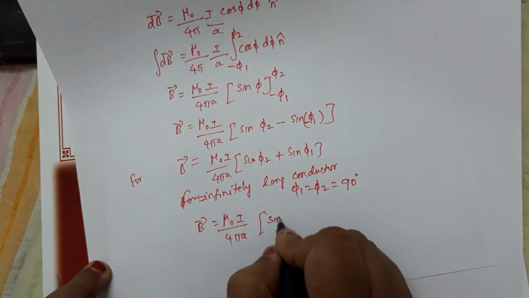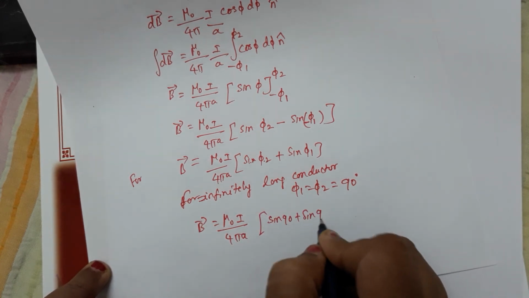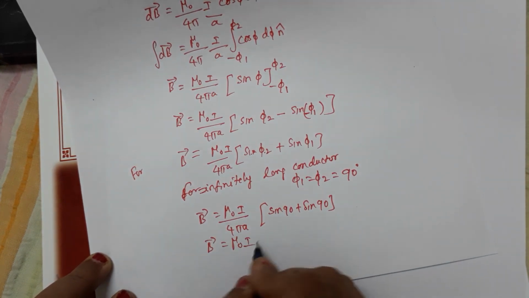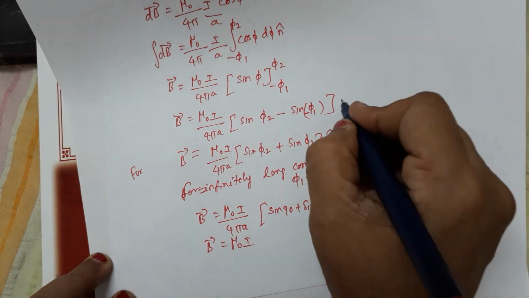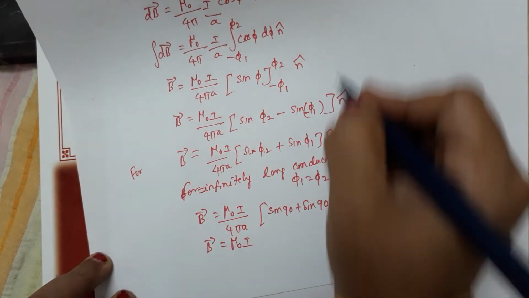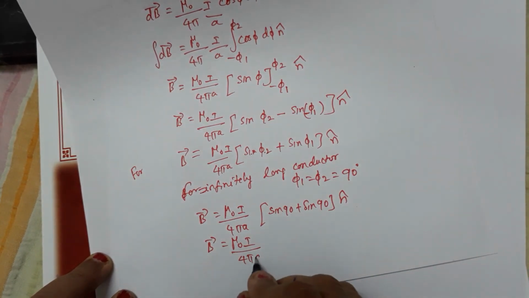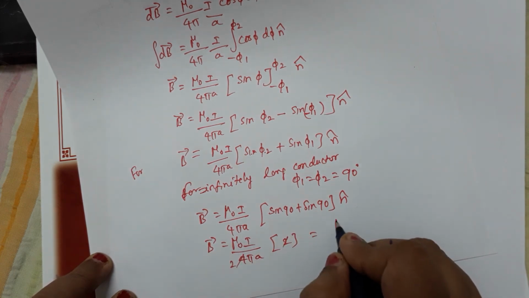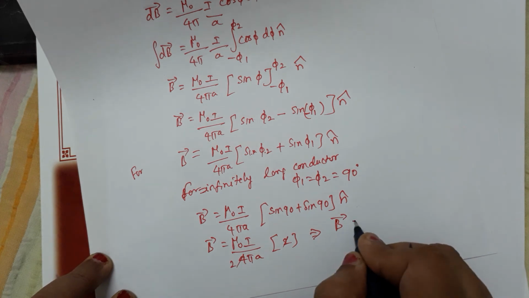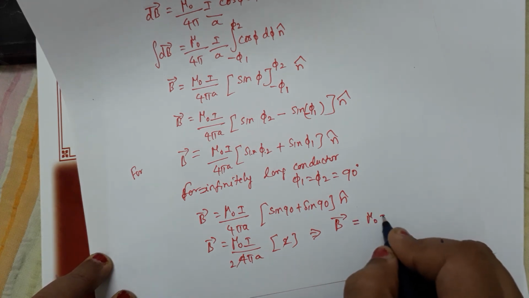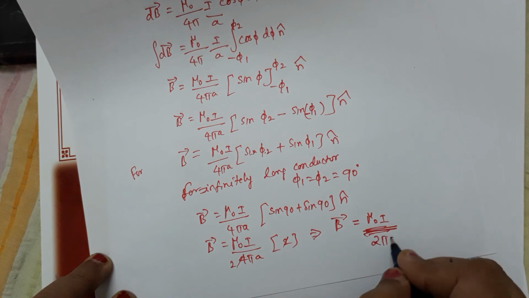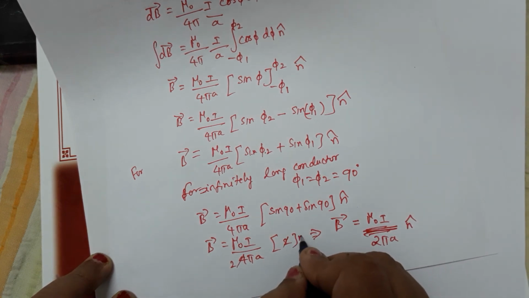Sin 90 plus sin 90 is 1 plus 1, that is 2. So B is equal to mu naught I by 4 pi a into 2, with n cap everywhere. If you cancel these, you can write B vector is equal to mu naught I by 2 pi a into n cap.